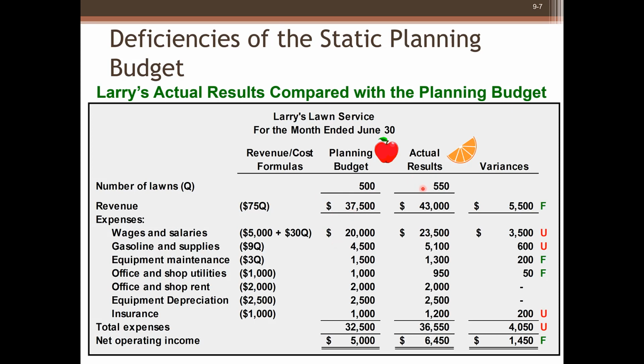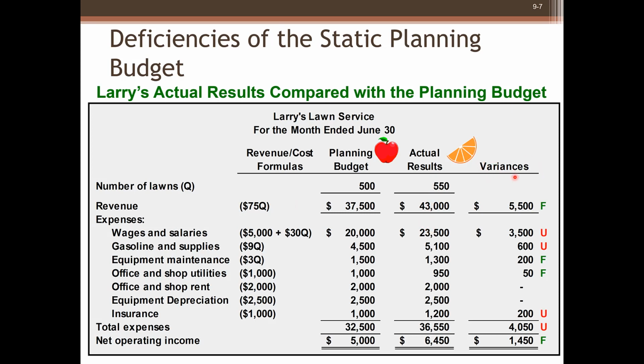Actual results are based on actual level of activity, 550 lawns mowed. It shows actual revenue earned and expenses incurred. Please note here, actual results are not prepared following revenue or cost formulas. They are actual revenue earned and actual expenses incurred.